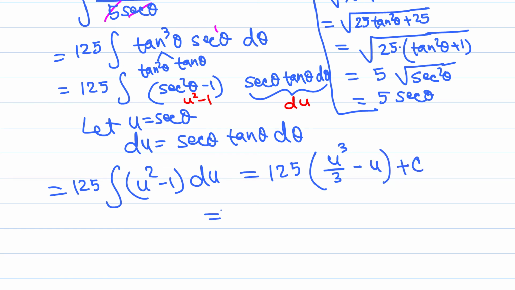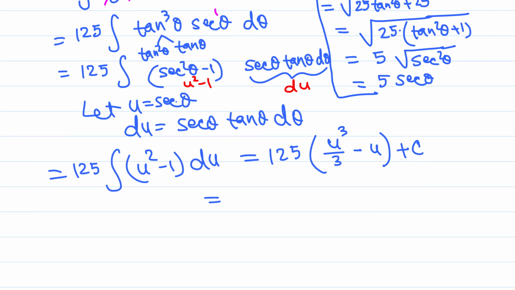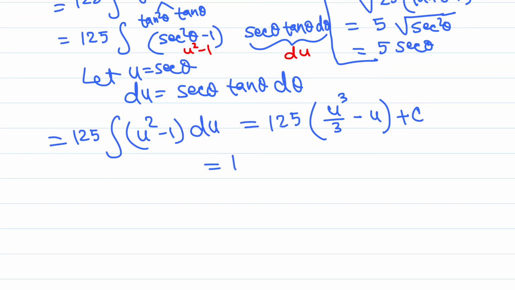Now we need to back substitute twice because u is secant theta. So I can distribute 125, not needed. 125 times 1/3 u cubed.